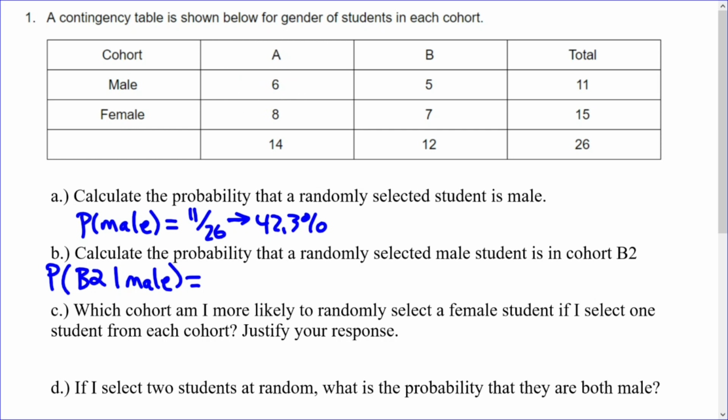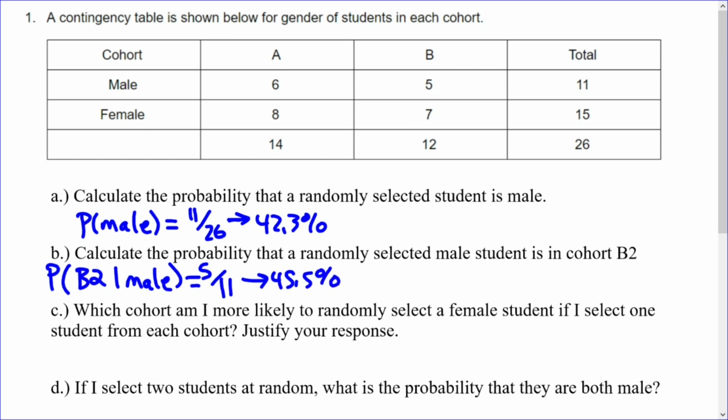We want to know how many of the male students are in cohort B2. So there are 5 male students in cohort B2 divided by the total number of male students, which is 11. And so our answer is 5 over 11. If we convert that into a decimal or a percentage, we get 45.45, or we'll just round to 45.5%.